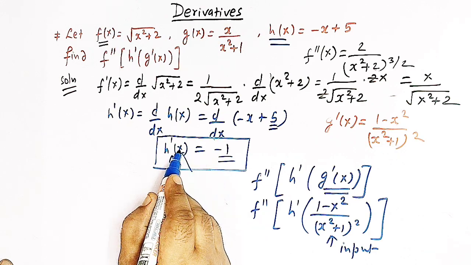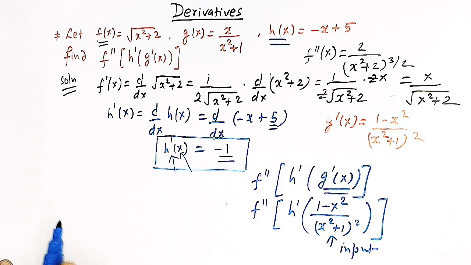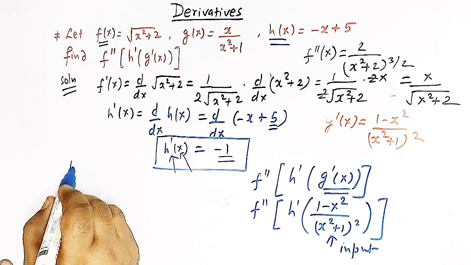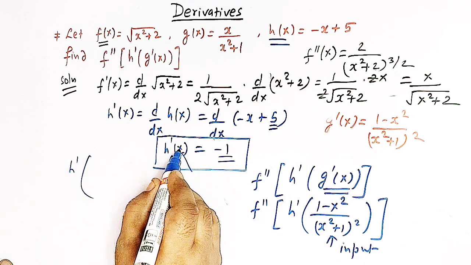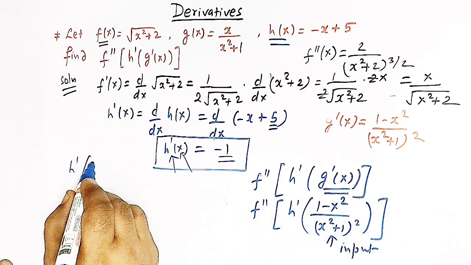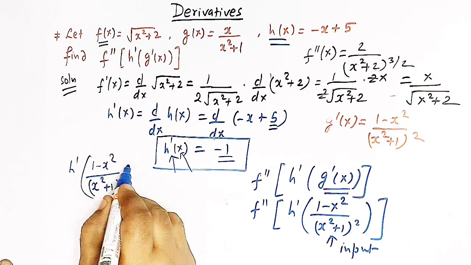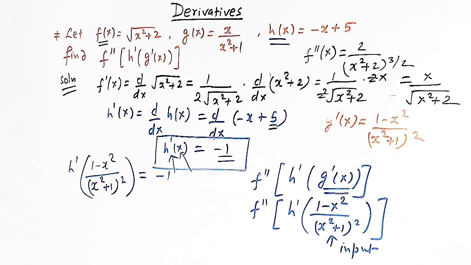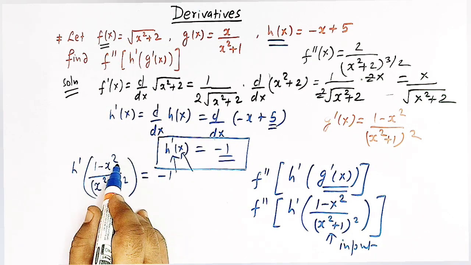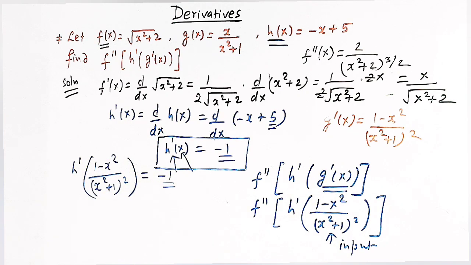So whatever be the value of x in the given domain, h prime of x is always going to be minus 1. So here if we take this function as input, then we have h prime of this function is equal to minus 1. So for this input, h prime of this function is equal to minus 1, right?